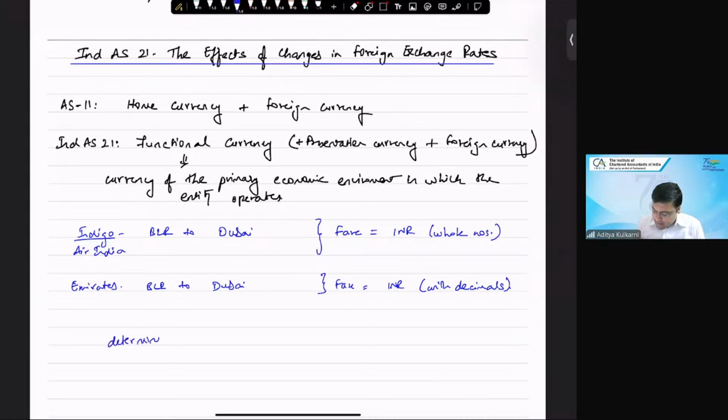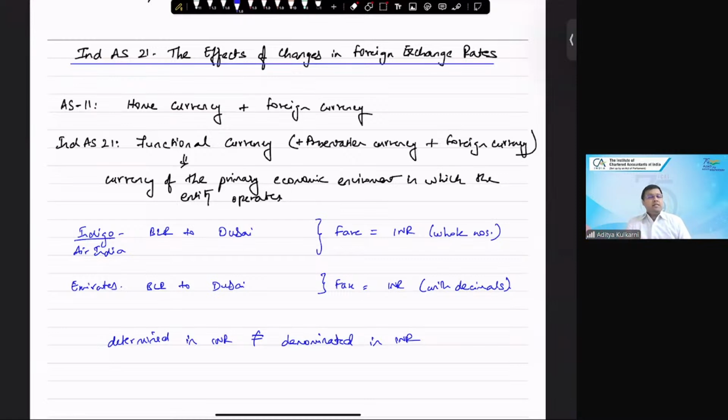Determined in INR and denominated in INR. Are they the same or are they different? Different, sir, these two are not the same. Determination happens in dirhams.